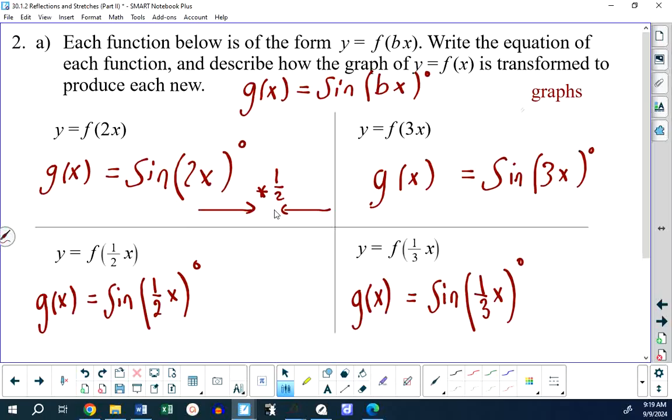Okay. We could make a prediction here that this will be stretched horizontally by a factor of a third, and our prediction would be right. And what we should see then is that one complete wave that goes from 0 up, down, up, back to 0 vertically, that one complete wave that does that in 360 should do it in 120, because a third of 360 is 120.